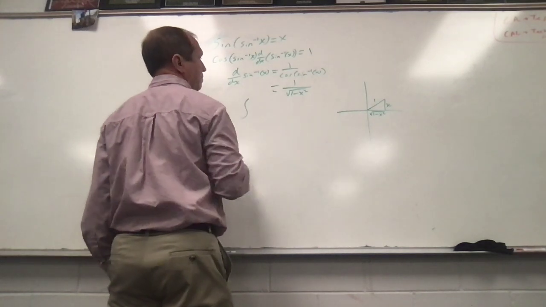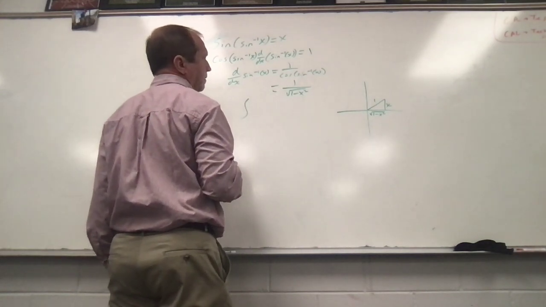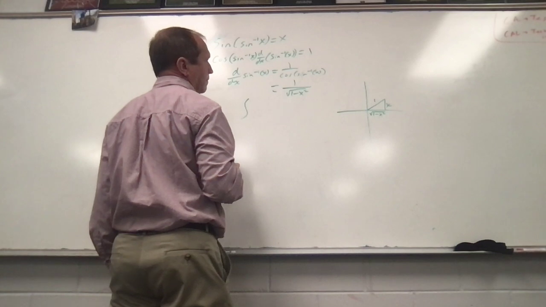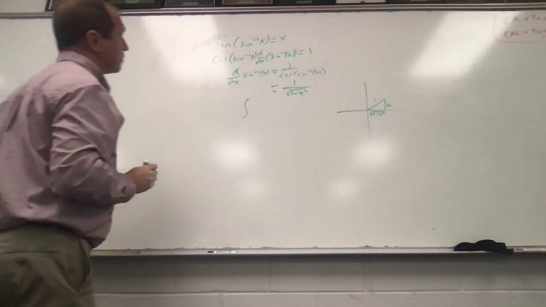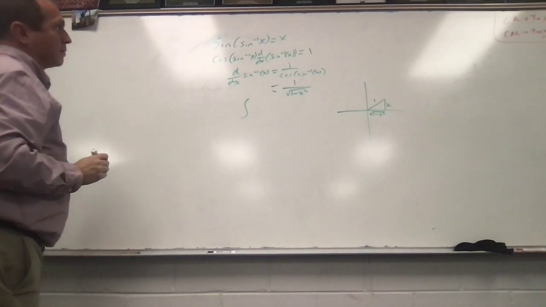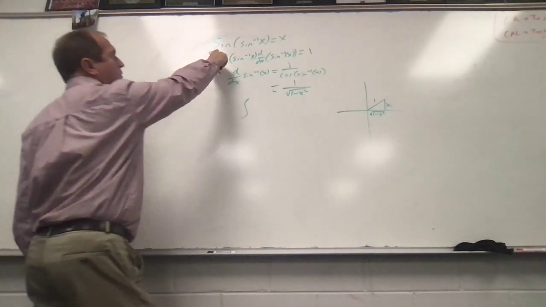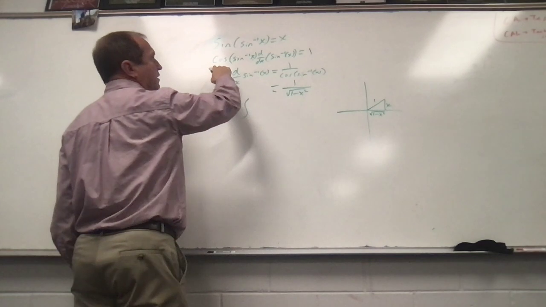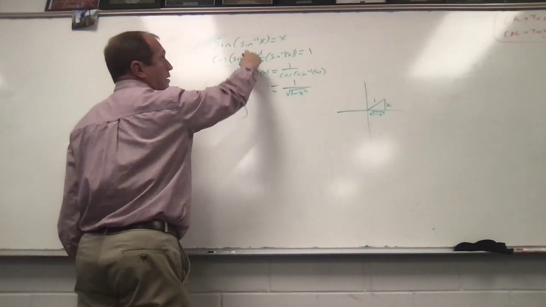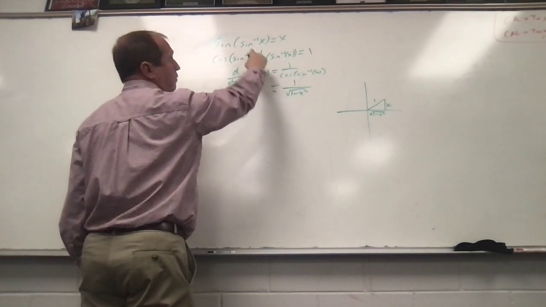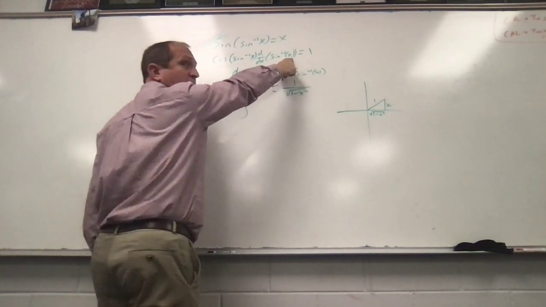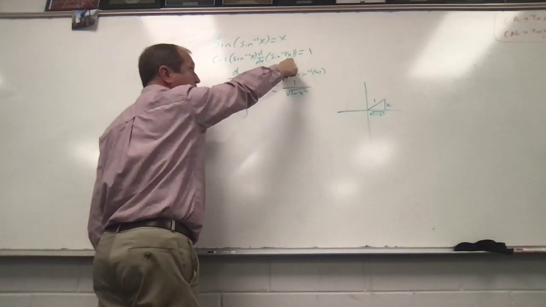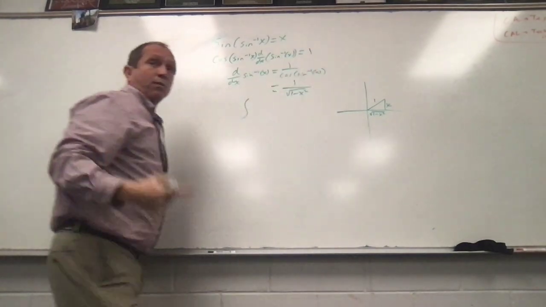Why is the derivative of inverse sine x 1 over the cosine of sine inverse x? Why is it chain rule there? All right. The derivative of sine of an angle is the cosine of the angle times the derivative of that angle. Well, we don't know what the derivative of sine inverse of x is, so we just have to write the derivative of sine inverse of x. And that just so happens to be what we're wanting to solve for.